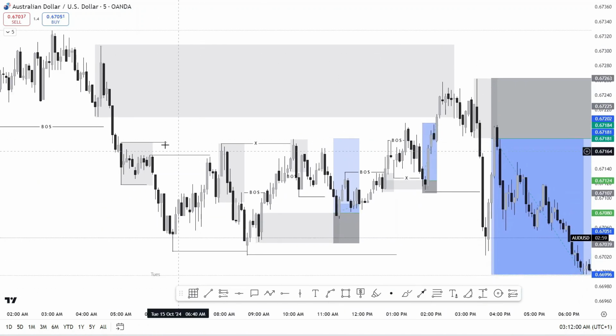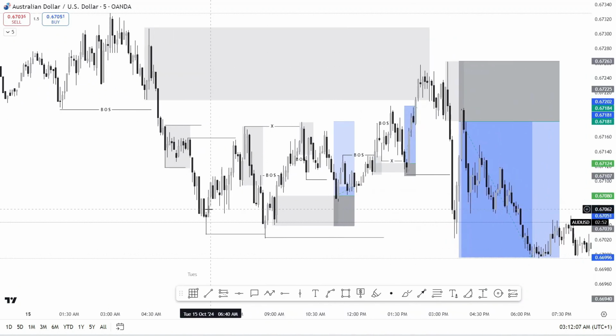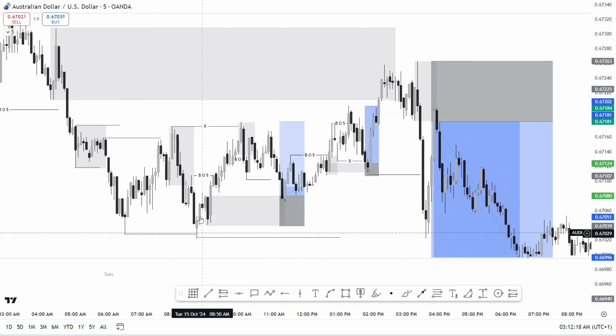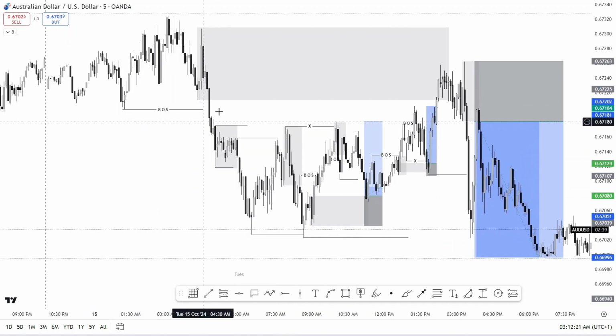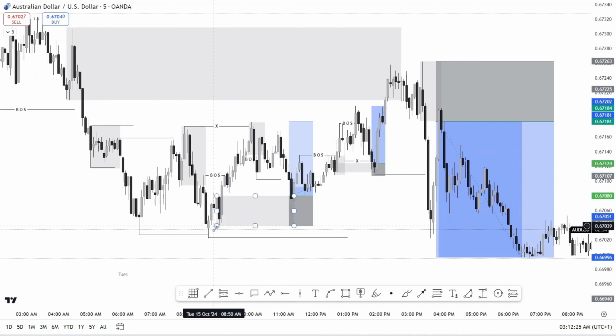One of the things I also like is if this closes with a full body, that makes it more solid. However, for break of structure, it must be a full body close. For inducement confirmation, it can be weak.